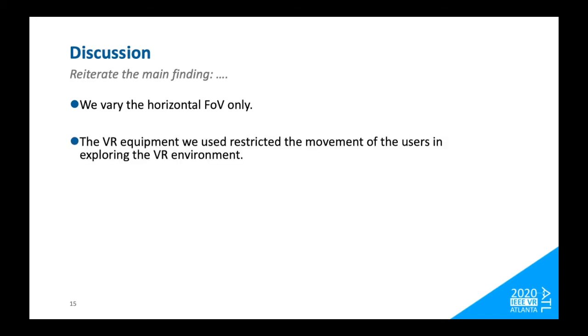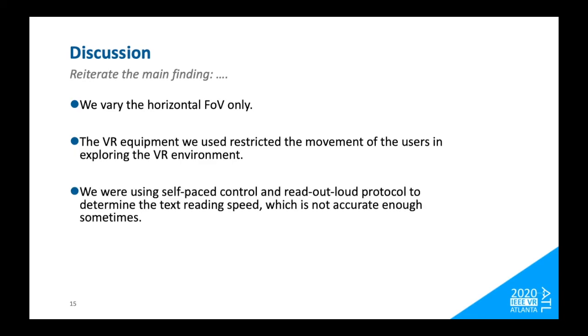And moreover, instead of using a wireless head-mounted display, we used the Oculus Rift 3.1, which restricts the movement of the users, especially for the second study when they explore the application. It's not so easy for them to move around. They need to use teleportation.